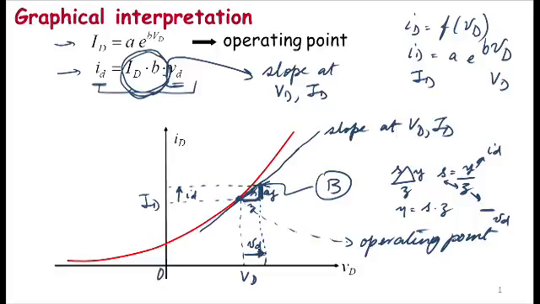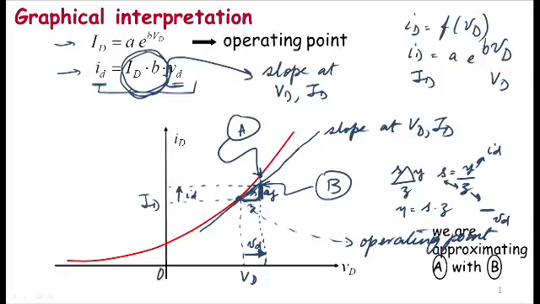If I'd actually wanted to be correct and fair, I would have had to go up here and pick this value. Let me mark that as A. That value up there, A, is the actual point that I should have picked. What I've done is I'm ignoring this little delta here, the small difference between A and B, and I am using B as my approximation. This is nothing more than a graphical interpretation of the whole Taylor series method. So in this little example, all I'm doing is approximating A with B. That's the basis behind this method.